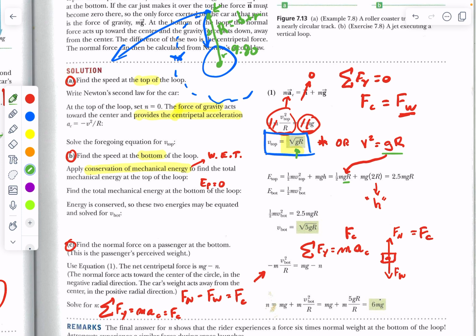So, now coming down to part B, find the speed at the bottom of the loop. And so we're going to be using the work energy theorem, keeping track of our energy along the way. So when we look at the very top, back to the top now, we can see that I have two kinds of energy.